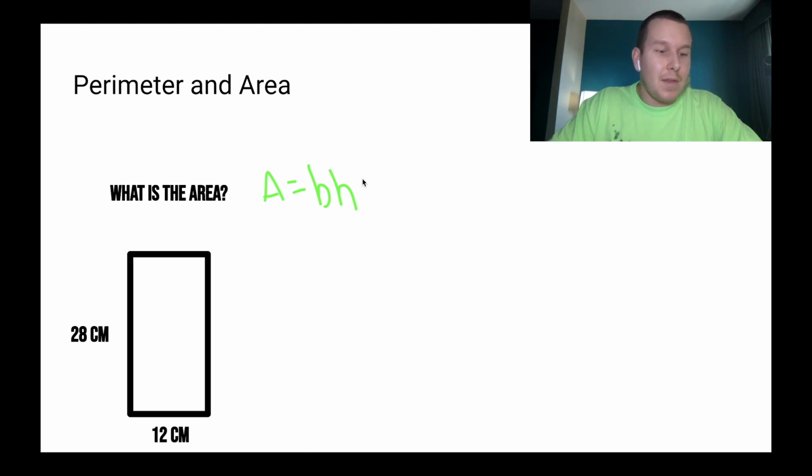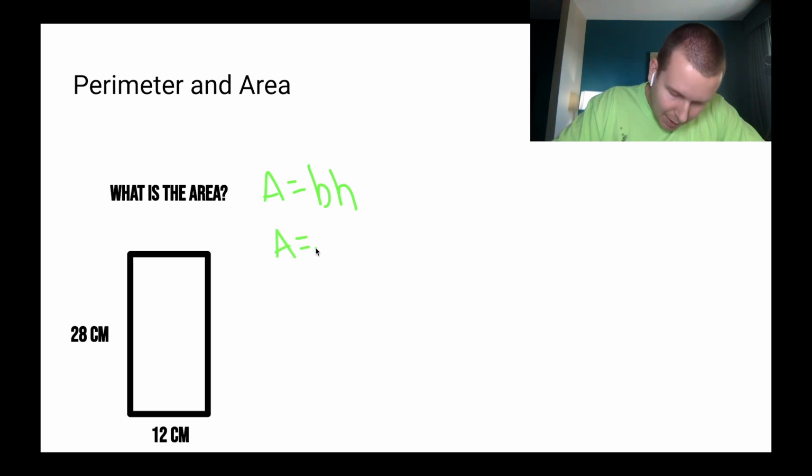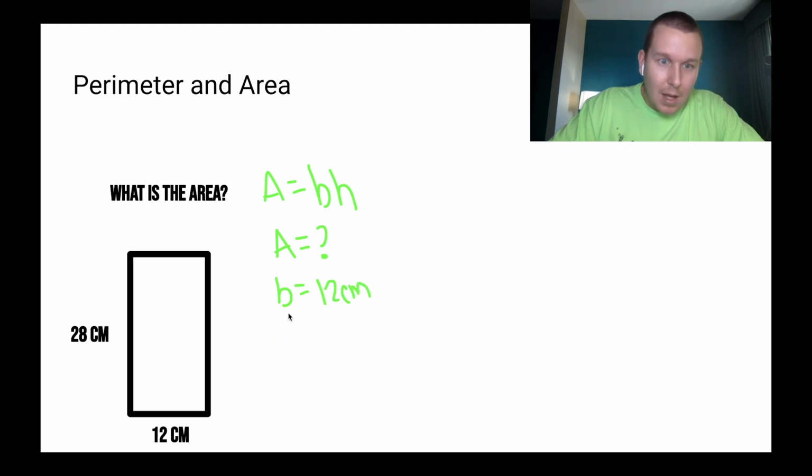So let's write down the things we know and the things we don't know. So we don't know the area, okay? So area is going to be a question mark, okay? The base is going to be 12 centimeters. And the height is going to be 28 centimeters, okay?